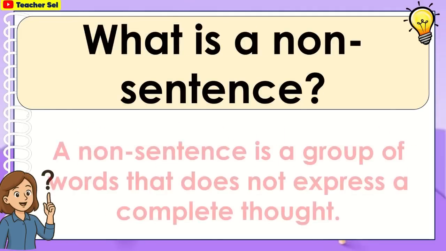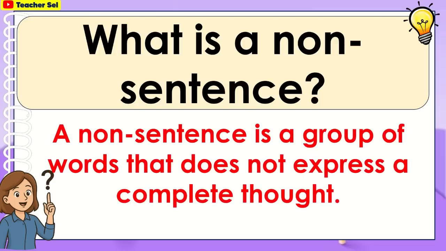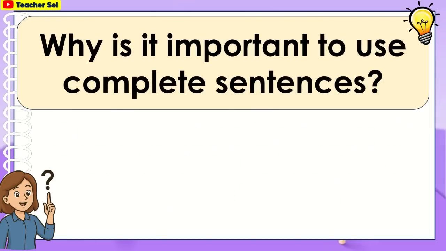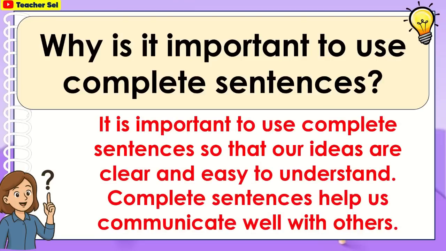What is a non-sentence? A non-sentence is a group of words that does not express a complete thought. Why is it important to use complete sentences? It is important to use complete sentences so that our ideas are clear and easy to understand. Complete sentences help us communicate well with others.